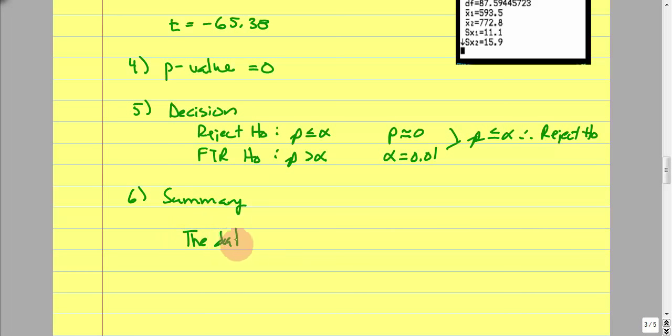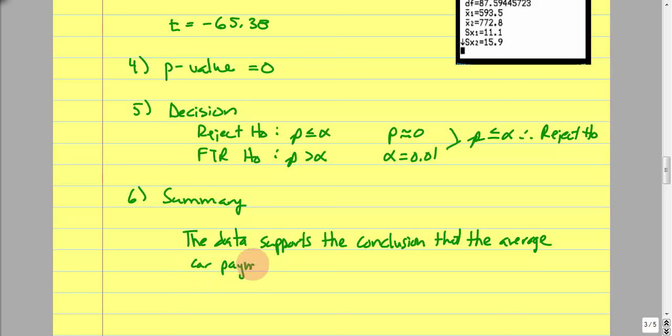The data supports the conclusion that the average car payment for a domestic car owner is less than that of a foreign car owner.